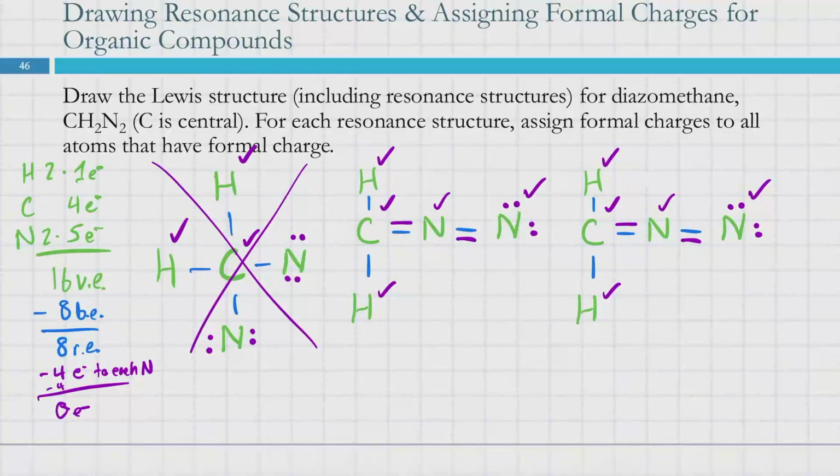So duplicating that, a resonance structure that we can come up with, we can plop one of these lone pairs into the bond, and then plop some of these electrons from the left double bond to go ahead and hang out on the carbon only.